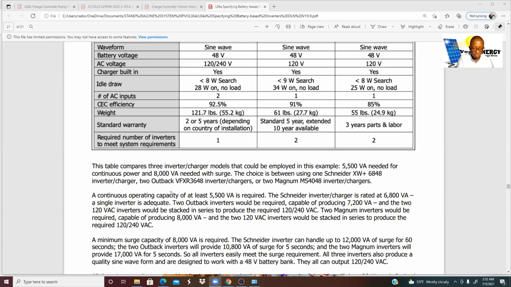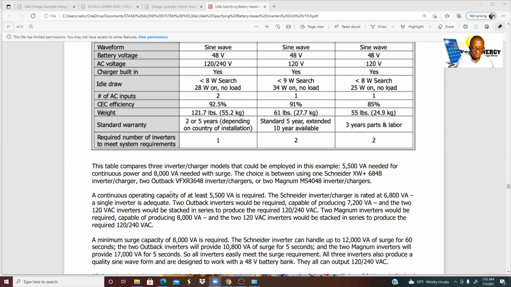Two Outback inverters will be required, capable of producing 7,200 VA, and the two 120 volt inverters will be synced in series to produce the required 120/240 volt.